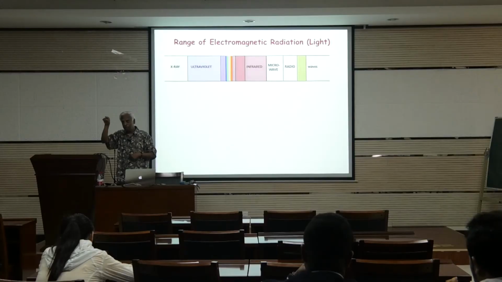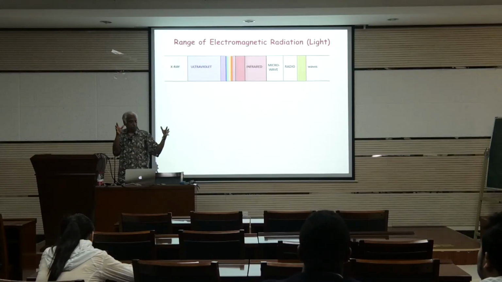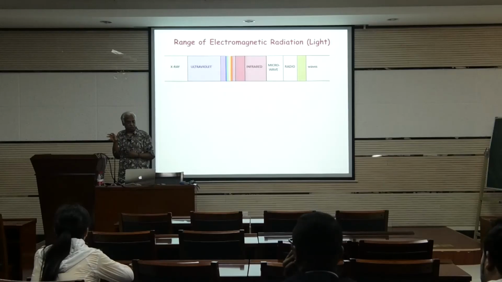That wavelength makes a big difference in terms of the energy of these photons. Energy is h mu. Mu is c by lambda. Lambda is on the bottom, so the smaller the lambda, the more the energy. Smaller lambda means that the peaks are very close. Larger lambda means the peaks are far apart.